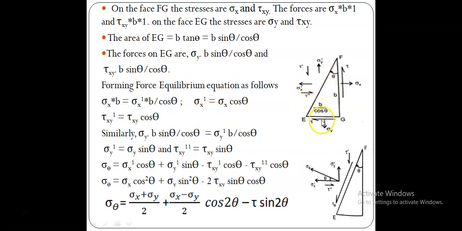Like that, sigma y gives an effect on the inclined plane as sigma y dash, and tau xy gives tau xy double dash. So we split the stresses like that.